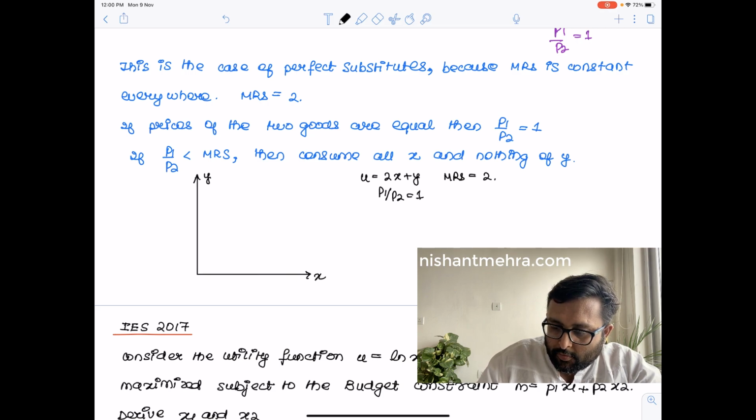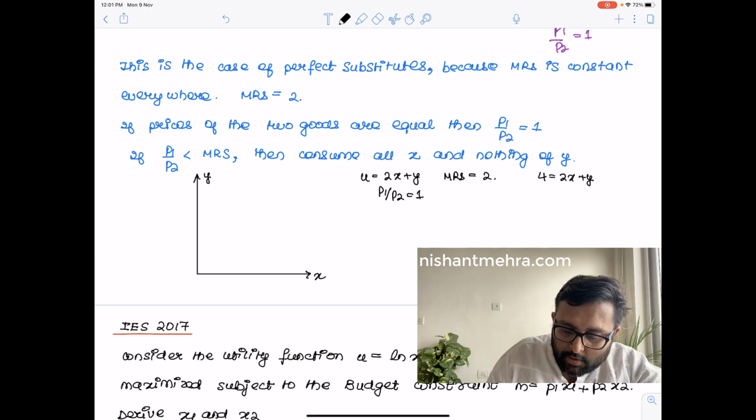So 4 equals 2x plus y. So when x is 0, y is 4. When y is 0, x is 2.